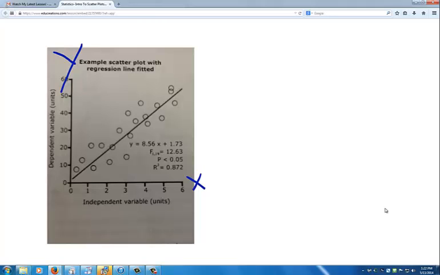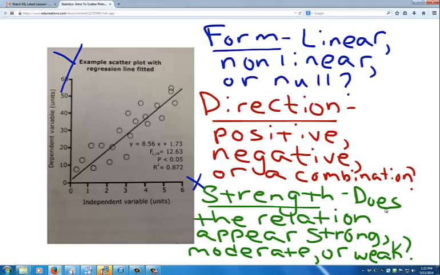In scatter plot analysis, we look at three main features: form, direction, and strength. For form, we look to see whether our scatter plot is linear, nonlinear, or null. For the direction, we look to see whether it's positive, negative, or a combination.